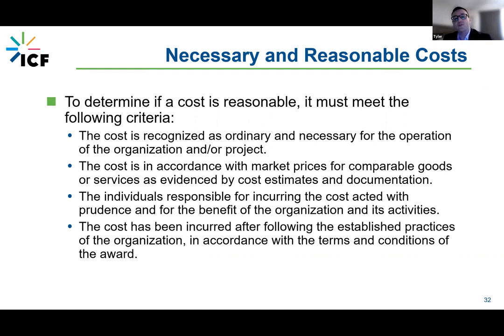The cost is in accordance with market prices for comparable goods or services as evidenced by cost estimates and documentation. The individuals responsible for incurring the cost acted with prudence and for the benefit of the organization and its activities. And finally, the cost has been incurred after following the established practices of the organization in accordance with the terms and conditions of the ESG CV award.